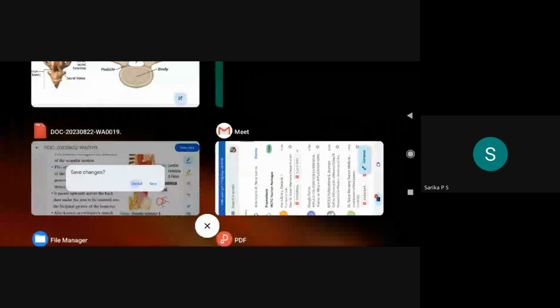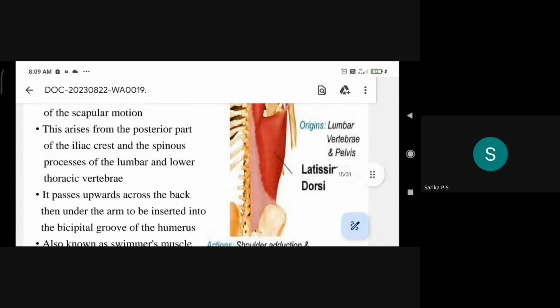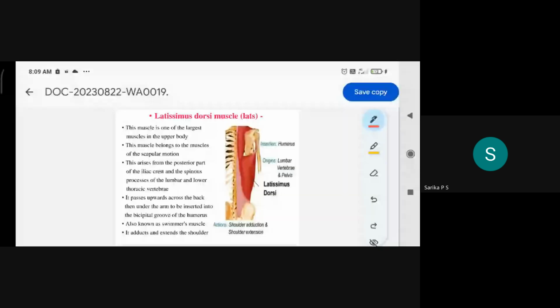So, latissimus dorsi originates from the spinous processes of the lower thoracic vertebrae and lumbar vertebrae and the iliac crest. It passes upwards across the back and then under the arm to be inserted into the bicipital groove of the humerus.